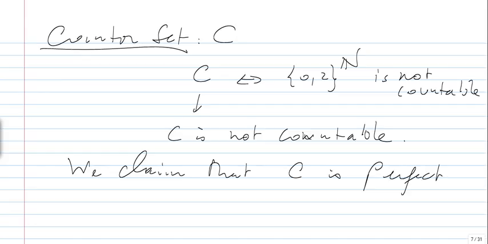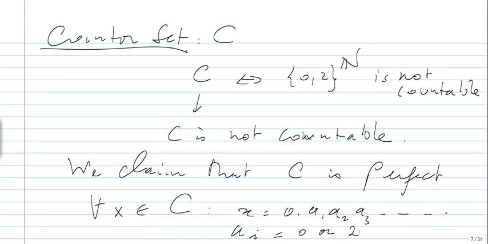Because we have seen that for every x in C, if you look at the triadic expansion of x, it's equal to 0, point, in base 3 of course, a1, a2, a3, etc., and the a_i are all equal to 0 or 2, right? So what we can do is to show that, in fact, you can find elements which are different from x and that get closer and closer to x, okay? So how do you do that?